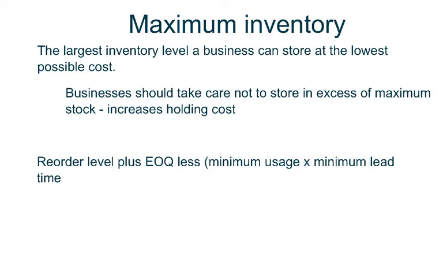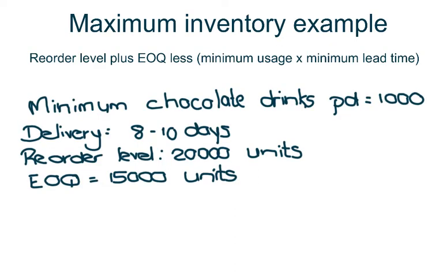You will remember what is meant by lead time. If we then look at this example, we can just quickly look at the formula once again: reorder level plus economic order quantity less minimum usage times minimum lead time.